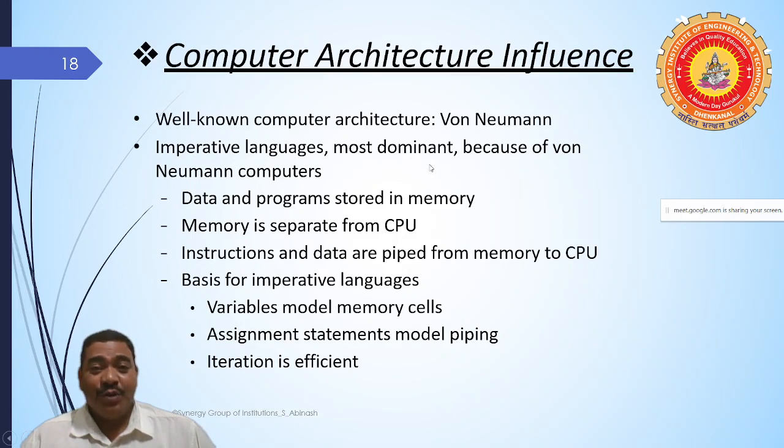Imperative languages are most dominant because of John von Neumann's computers. Imperative programming languages are basically structured programming languages, with a well-defined structure with data. These are most dominant because of the von Neumann architecture. As I told you in the last class, at the time of loading, the program and data are stored in the primary memory.